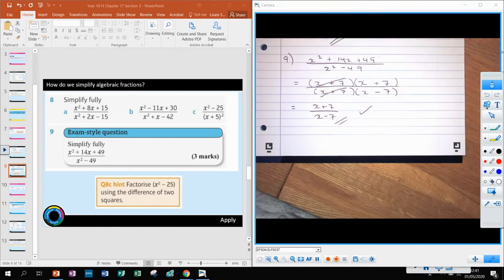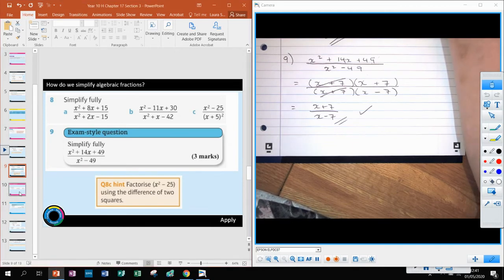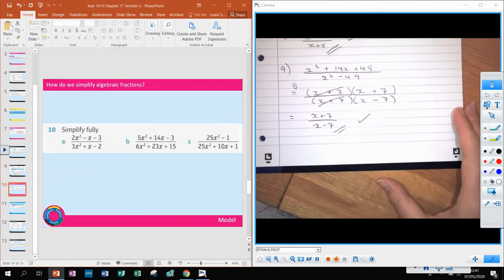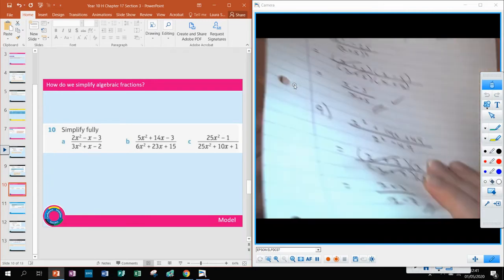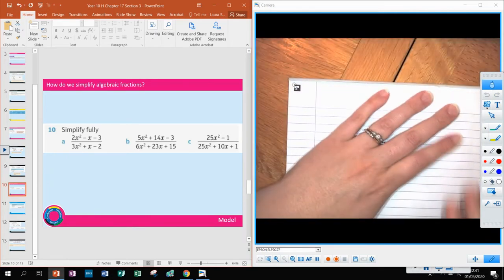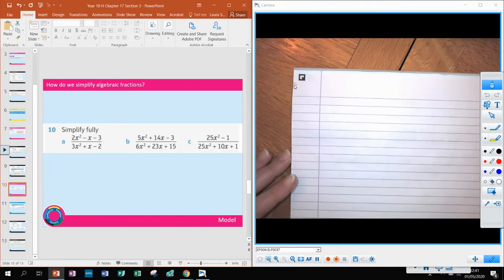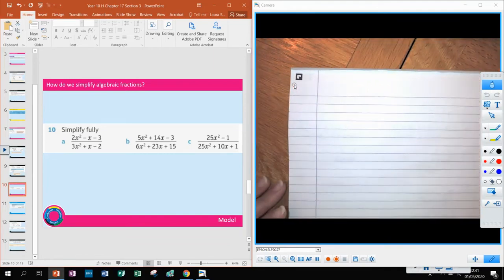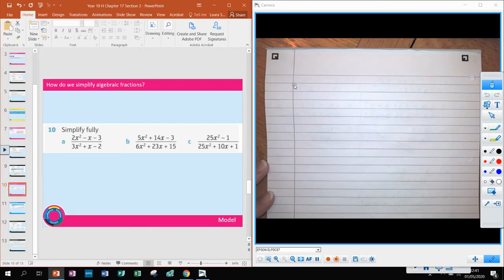Okay, so well done on those. We're going to now take a look at a slightly more involved example. Last lesson we reviewed how to factorize when we had a coefficient of the x squared that was greater than 1, and that is what we have here.